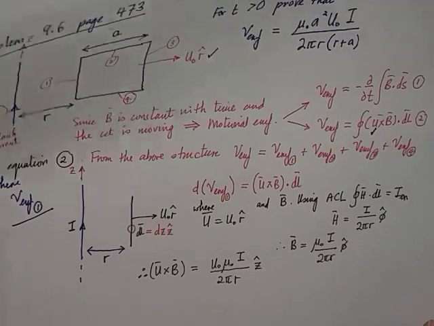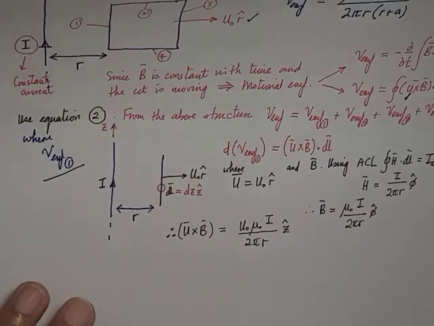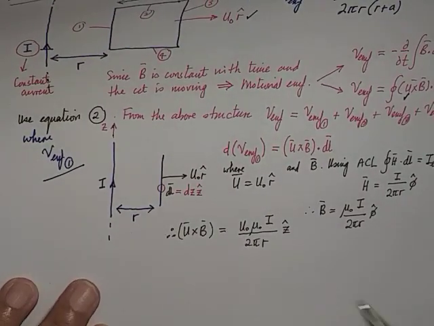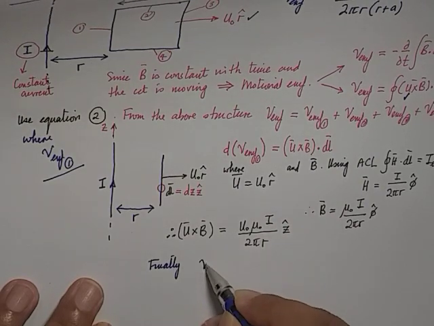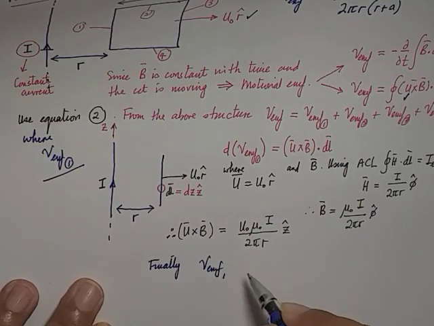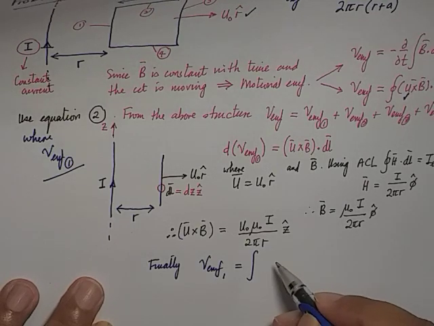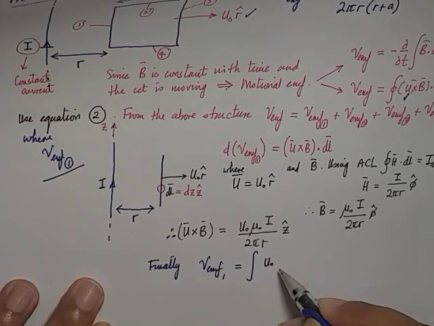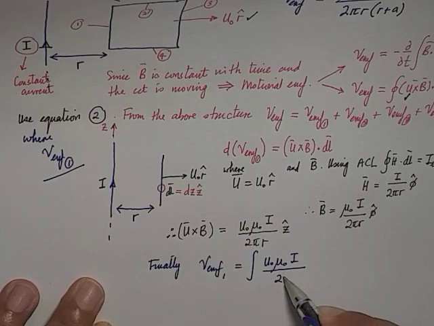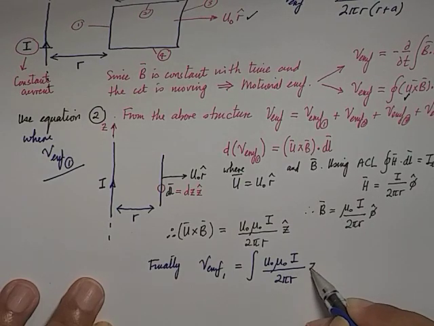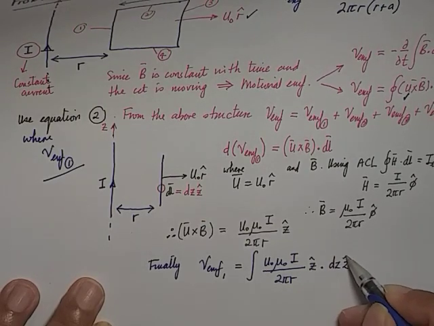Okay, having that extracted from our diagram, let's finalize our VEMF number 1 here. Finally we're going to state now VEMF 1 will be equal to the integration of mu naught I over 2 pi r in the z direction dot with dz in the z direction.